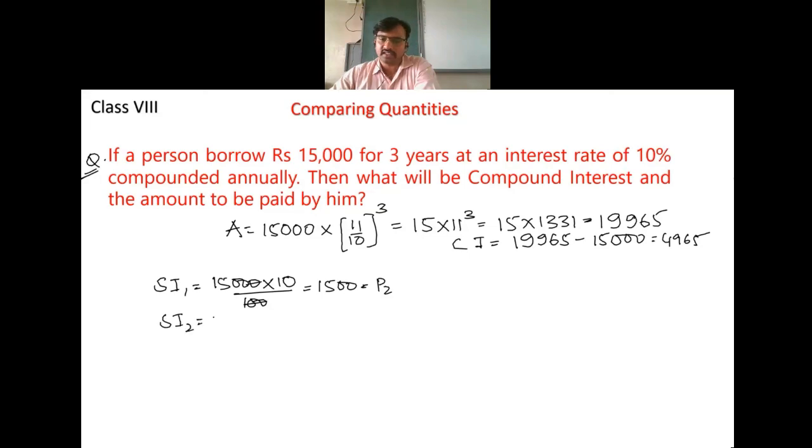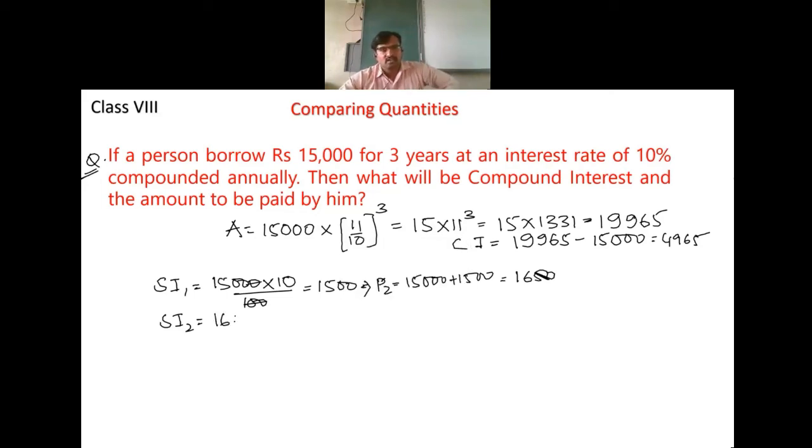Let's see simple interest for the second year. Principal for the second year is 15,000 plus 1500, that is 16,500.